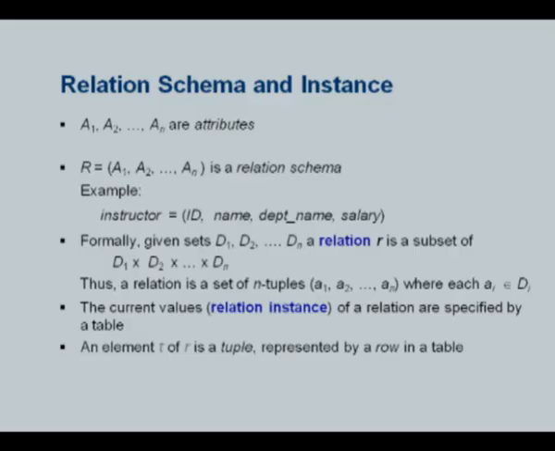Now a schema is a set of attributes in its simplest form. A more fully detailed schema will include the types of the attributes, but initially at least we are going to ignore the types to simplify our lives and treat a schema as simply a set of attributes. So the schema for instructor in this case would be ID, name, department name, and salary. That is a set of attributes.